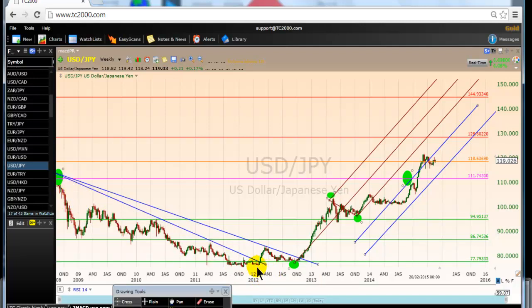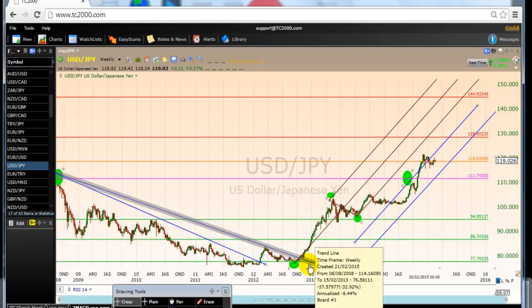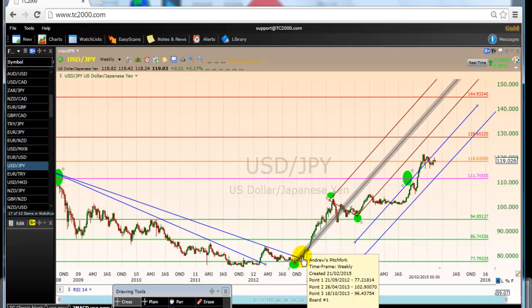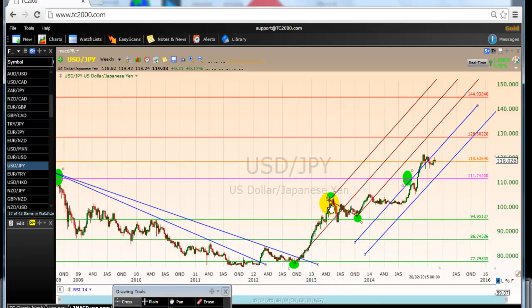Then in 2013 they started clearly telling everybody we are coming to the end of the devaluation, and the market responded and pushed it up. The Japanese said they would devalue the yen, and the dollar yen went up big time.